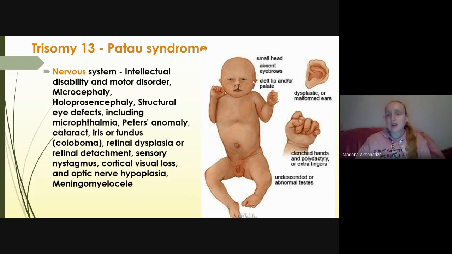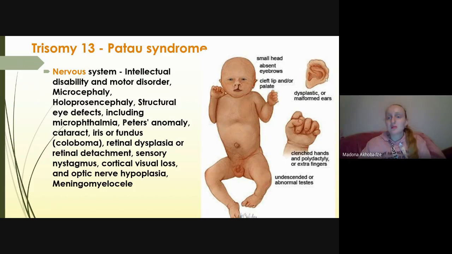They have absent eyebrows, cleft lip and cleft palate that require, how to say, emergency surgery. Otherwise, they are not able to feed, and of course, respiratory dysfunction is also possible.